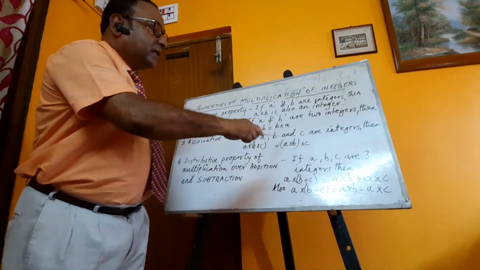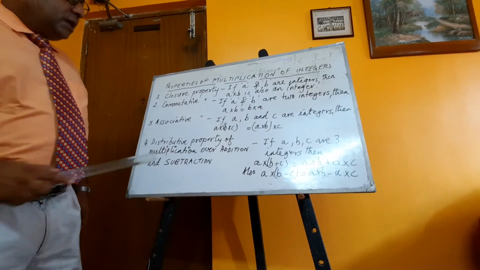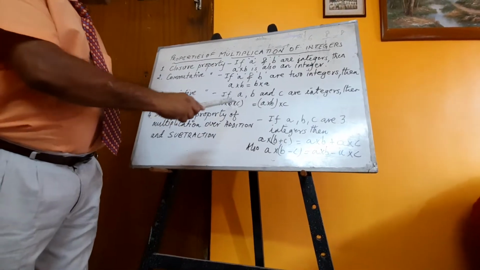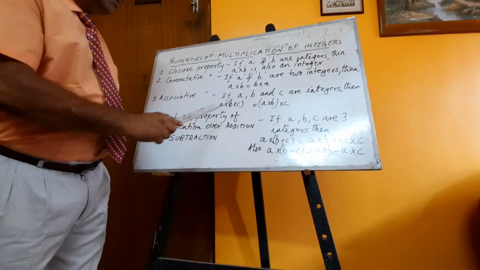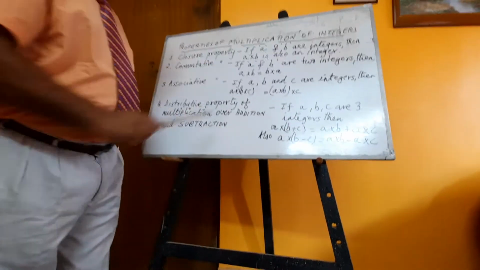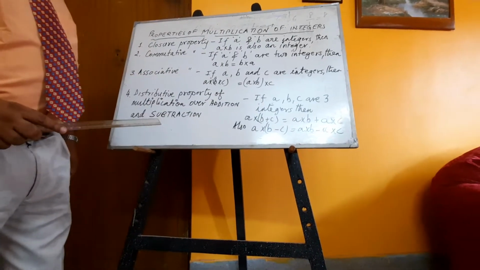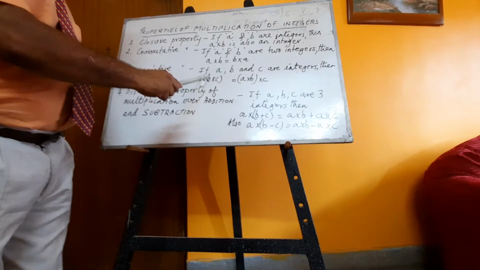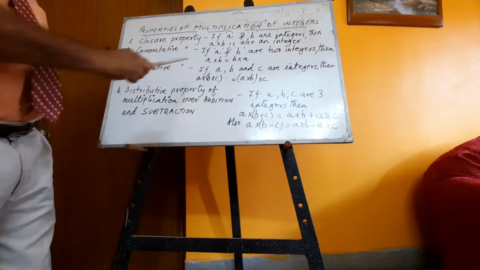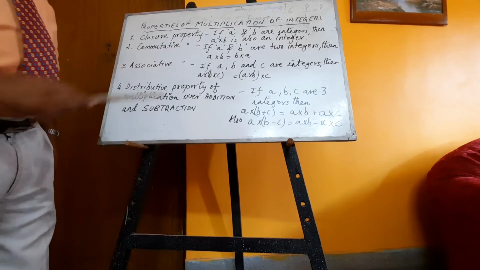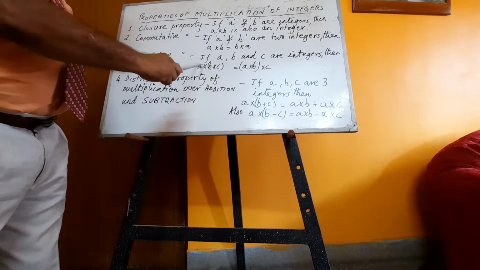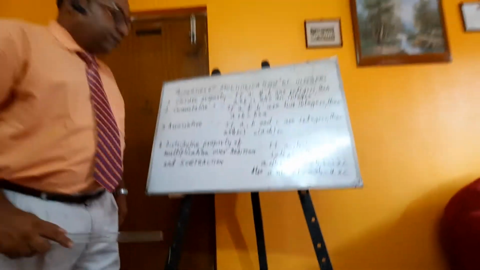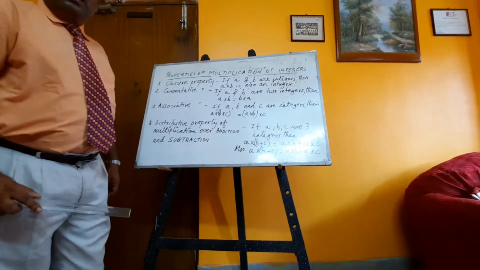So if A, B and C are any three integers, then A multiplied by open bracket B into C close bracket is the same as or equal to A into B within brackets into C. For example, if I take 2 as A, B equal to 3 and C equal to 4, then 3 into 4 gives me 12, and 12 into 2 gives me 24.